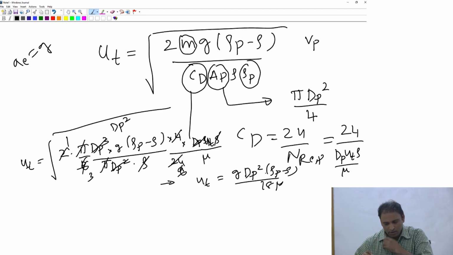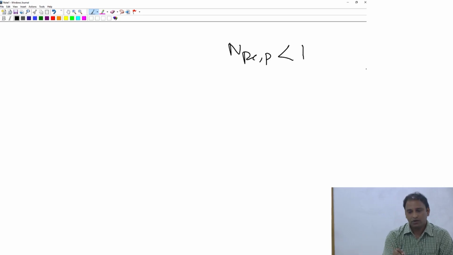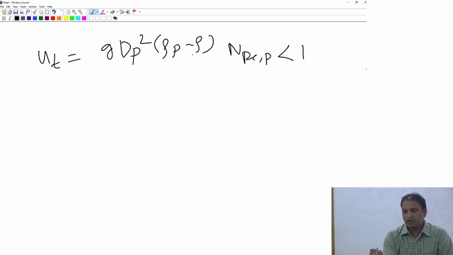This is the working equation for a particle settling in the Stokes regime. Stokes regime is when your particle Reynolds number is less than 1, and your ut is g into dp square into rho p minus rho divided by 18 mu.